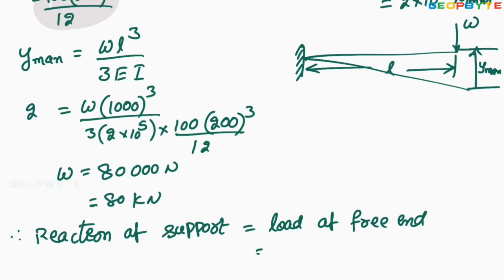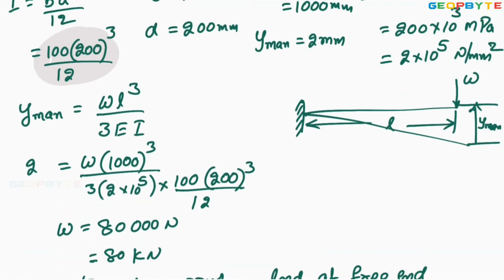That load at the free end is 80 kilonewton. This is the answer. That much amount of reaction is developed at the support if you place the support at the free end. Now look at the options.